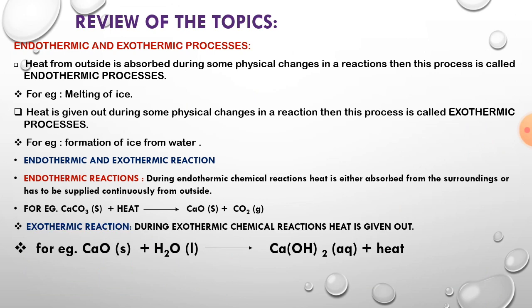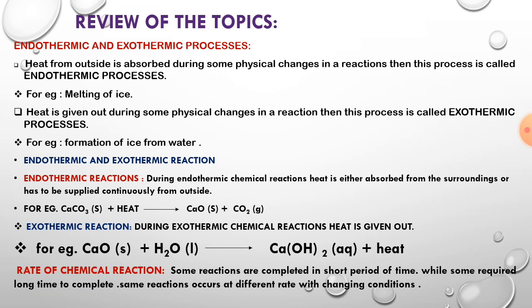Now what is an exothermic reaction? During an exothermic reaction, heat is given out and the term heat is written on the product side. Look at the reaction, and you will understand the difference between endothermic and exothermic reactions.